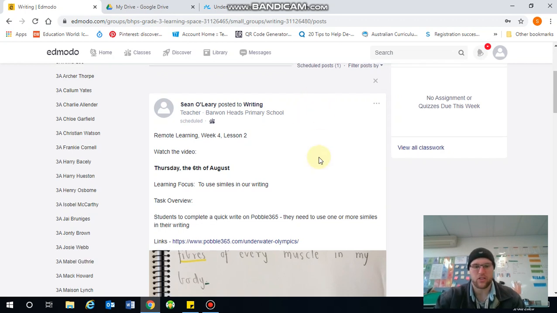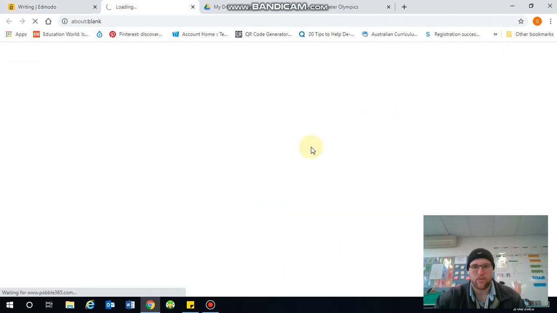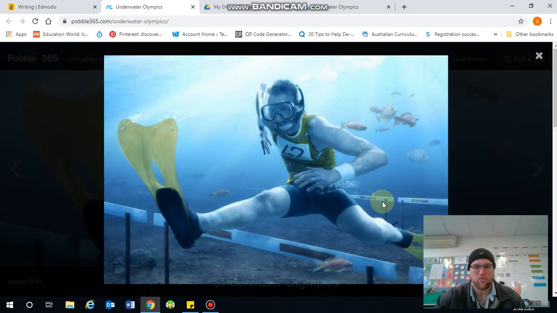So what you're going to do today is go onto Pobble 365, and this is the one that I chose to write about today, an image of a guy running underneath water. It looked like he was in the Olympics. It kind of inspired me to write, but you choose whatever photos you want.